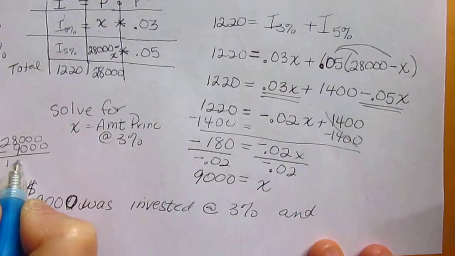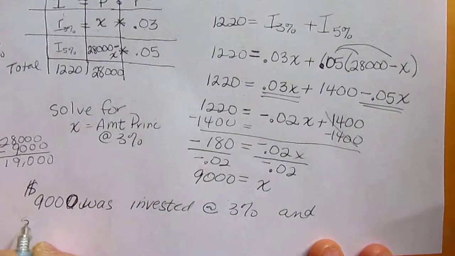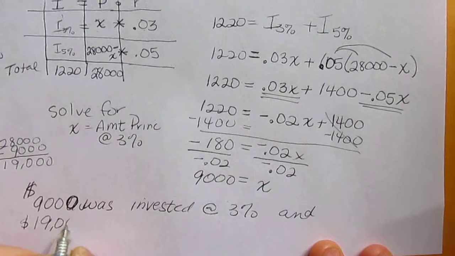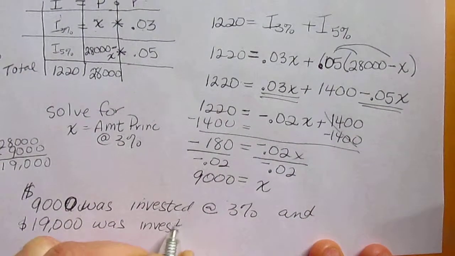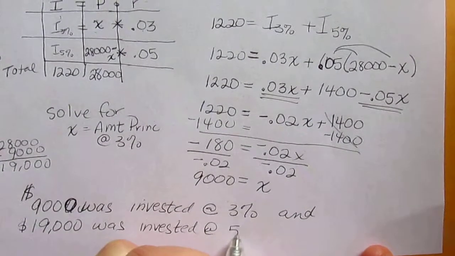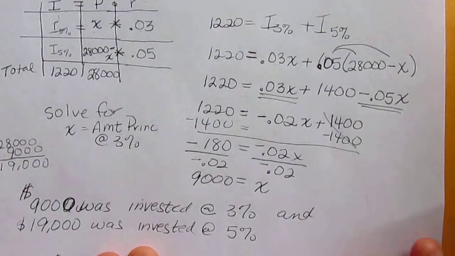When I do that, I get 19,000. And 19,000 was invested at 5%.